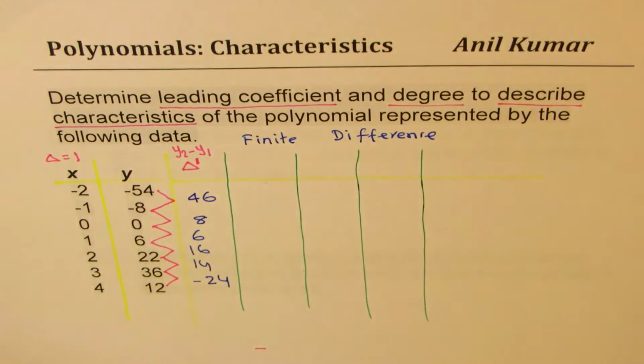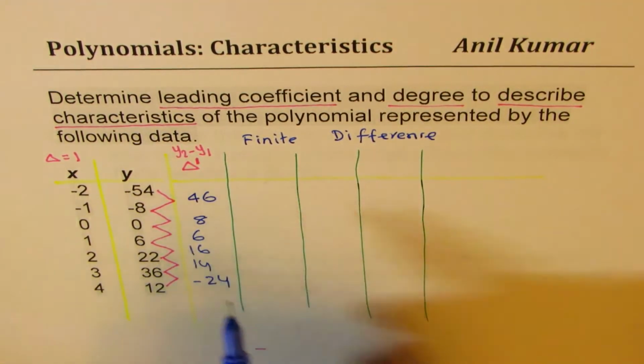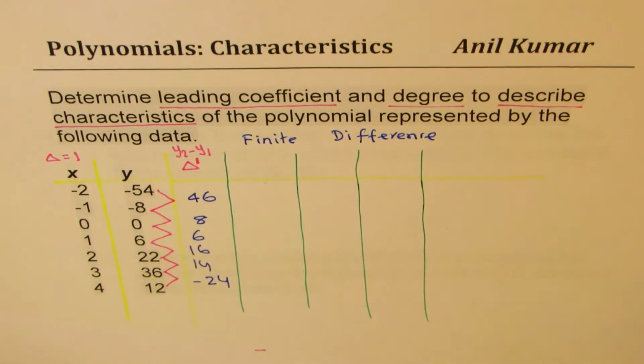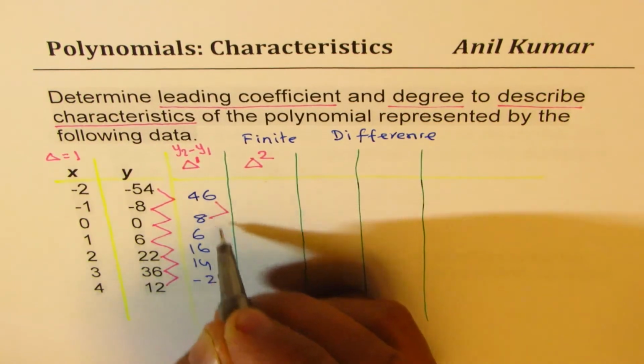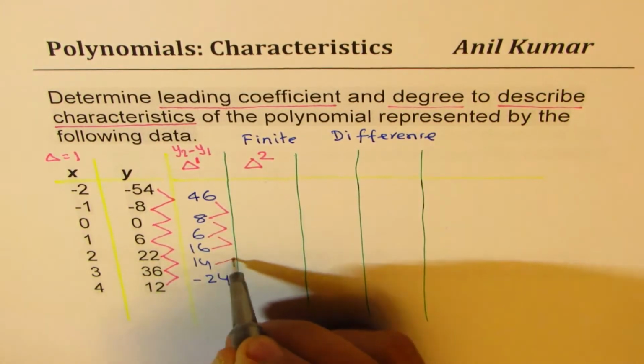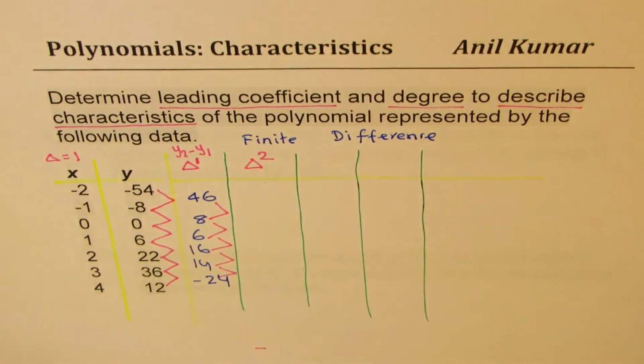So we see that the first finite difference is not constant. So we'll continue this process and find the second finite difference. Again, the same: y2 minus that.